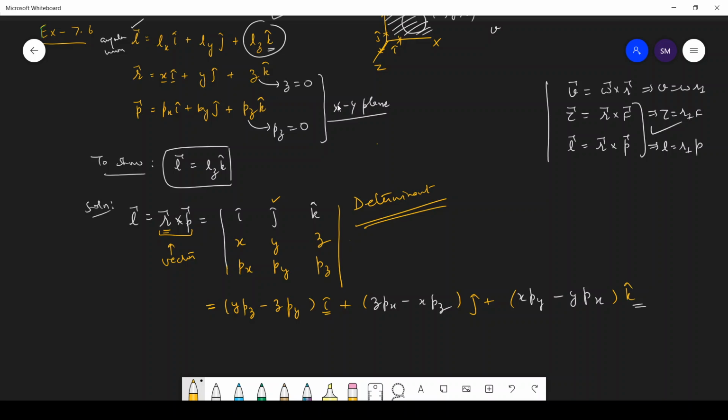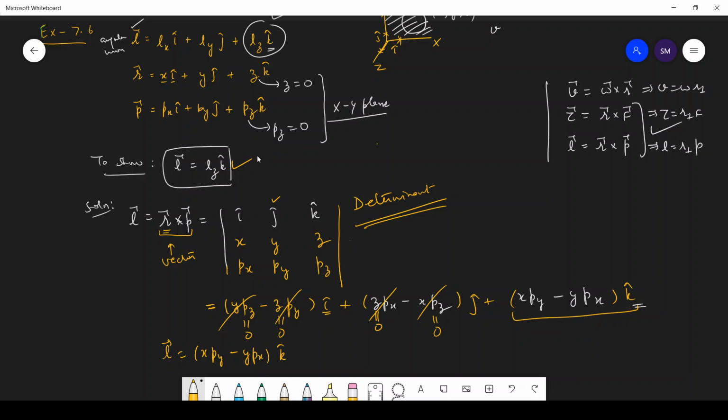Now you know that as the particle is moving in the xy plane, z is equal to 0. So this z is 0, so this term will cancel out. This z is also 0, so this term will also cancel out. Pz is 0, so this term will also cancel out. This Pz is 0, so this term will also cancel out. Hence you can see that L is equal to x py minus y px into k cap.